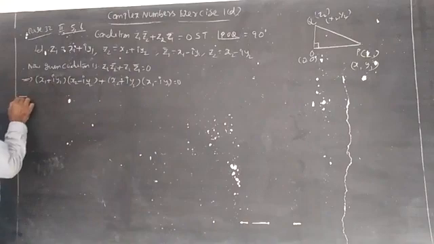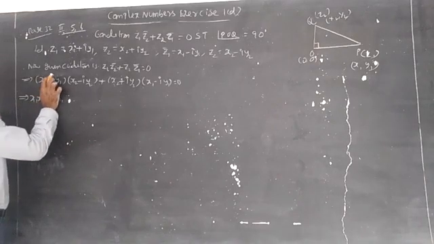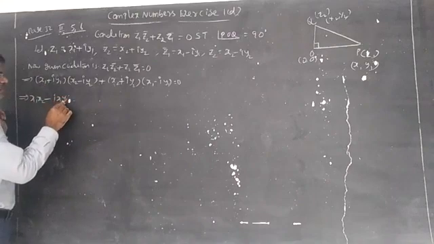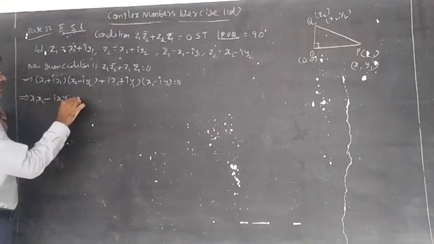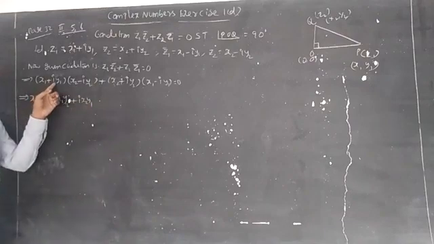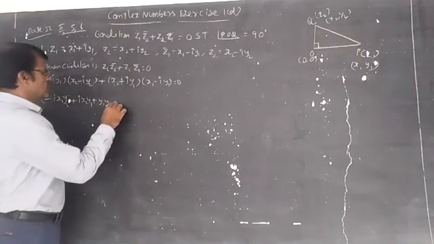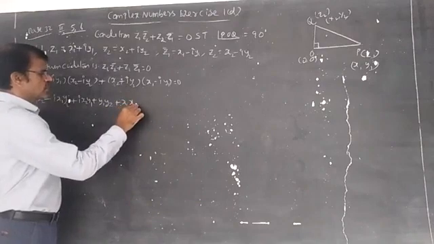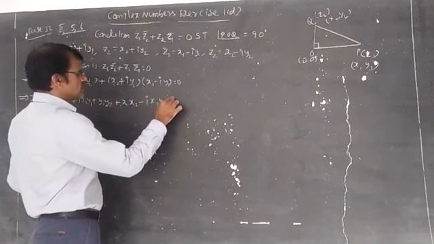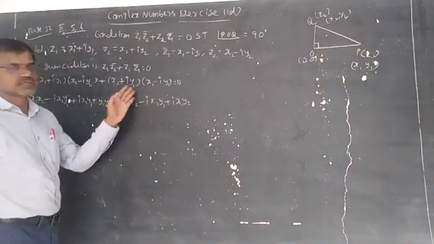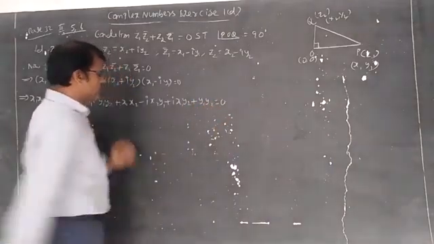Now multiply term by term. x1 x2 minus i x1 y2 plus i x2 y1 minus i square y1 y2, and minus i square is plus 1, so plus y1 y2. Then x1 x2 plus i x1 y2 minus i x2 y1 plus y1 y2, since minus into minus becomes plus and minus i square becomes plus 1, is equal to 0.